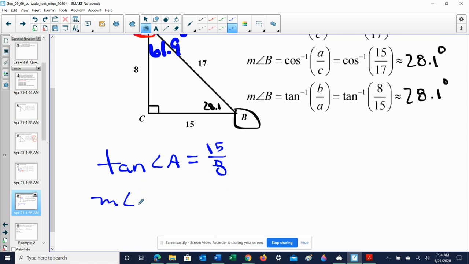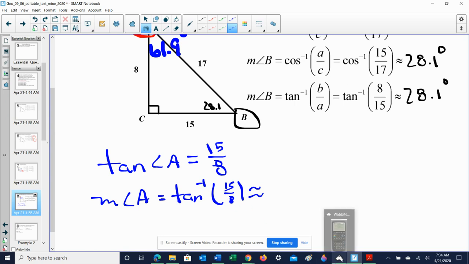The measure of angle A is equal to inverse tangent of 15 divided by 8. Let's go back to our calculator.